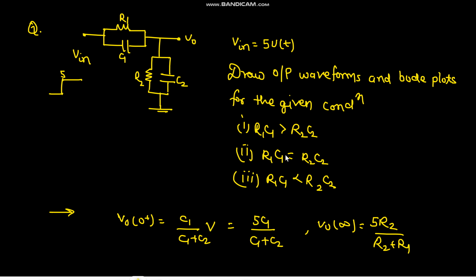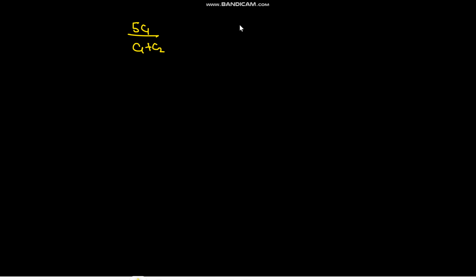now these are our values: 5 into C1 upon C1 plus C2, and another one is 5 R2 upon R2 plus R1. We can write it like this: 5 upon 1 plus C2 by C1, and 5 upon 1 plus R1 by R2.